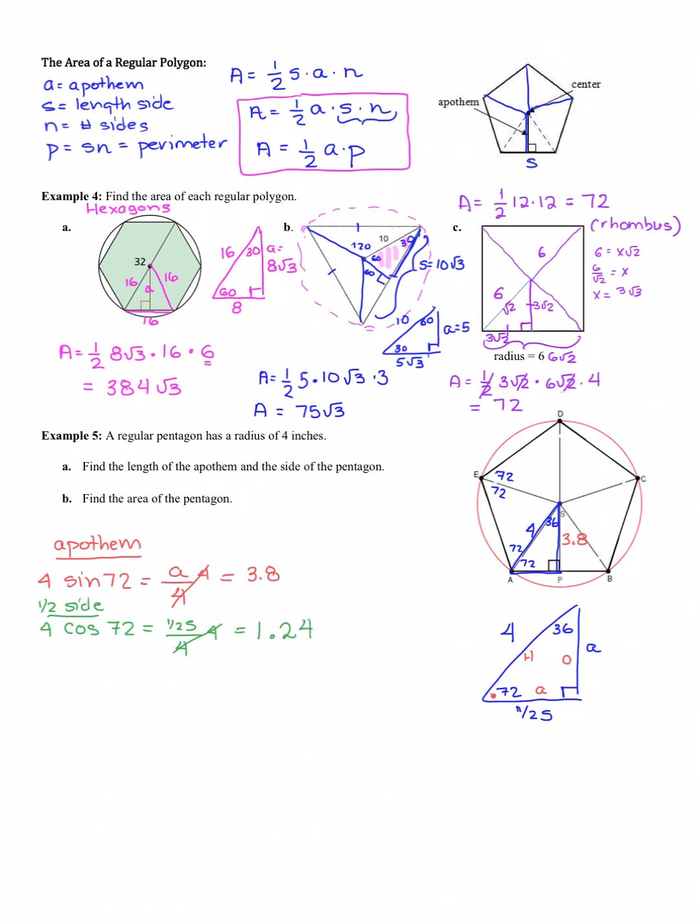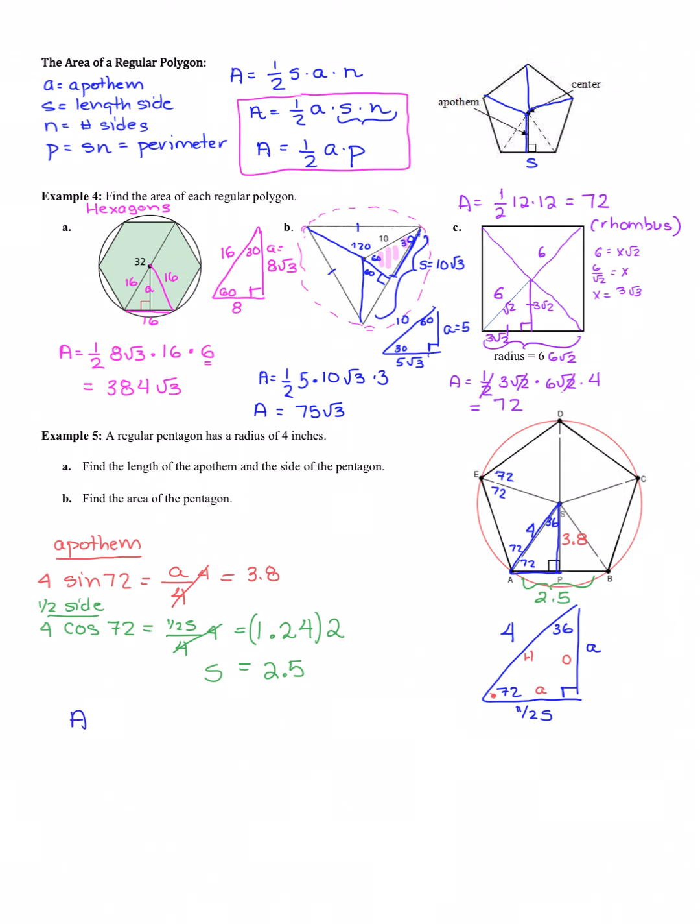I'm going to put in an extra decimal, because to find the actual side, we need to double that. I'll round it off nicely, to 2.5. So my side is going to be 2.5. That's the whole side. That's a lot of work. You're right. But that's what you're going to have to go through if it's a pentagon or a heptagon or something that doesn't have a nice even number.